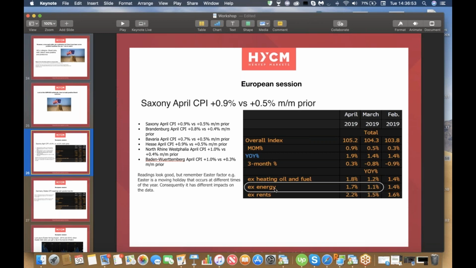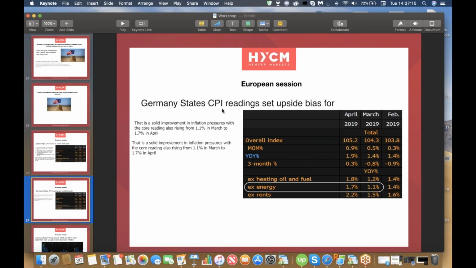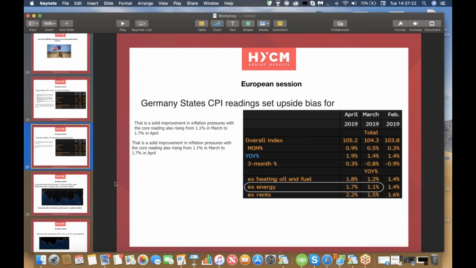This is the core year-on-year reading because it doesn't include energy, and that core reading came in at 1.7% versus 1.1% last month. So good beats, good readings for the Saxony region. Germany stayed CPI upside bias, with solid improvement in inflation pressures.